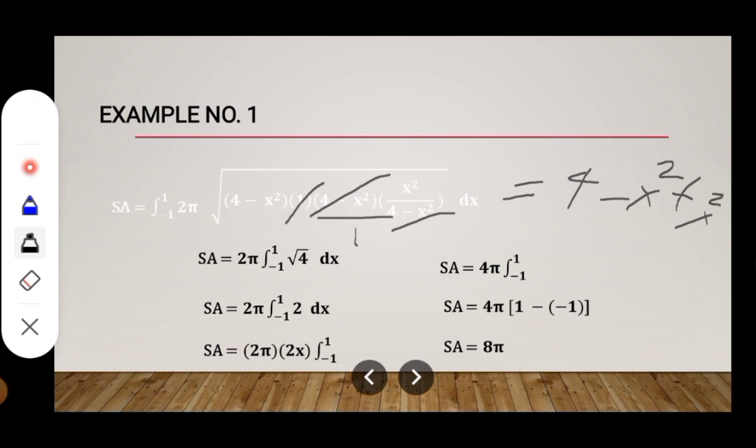So our SA will be equal to 2 pi, the integral of the square root of 4, dx.